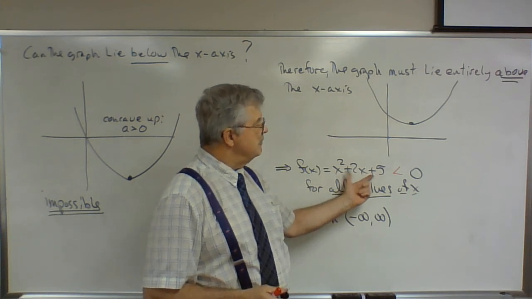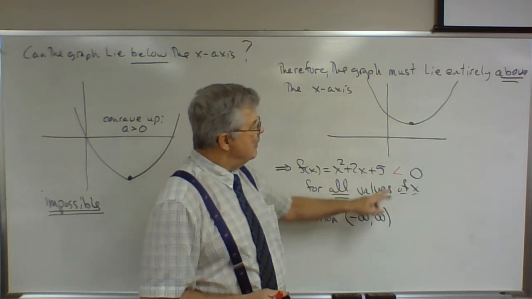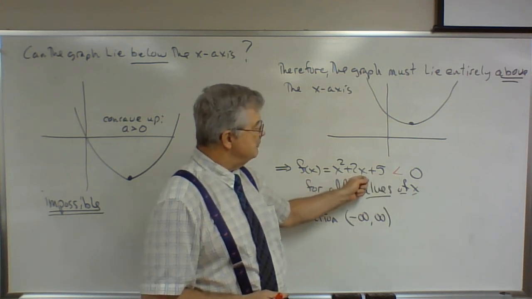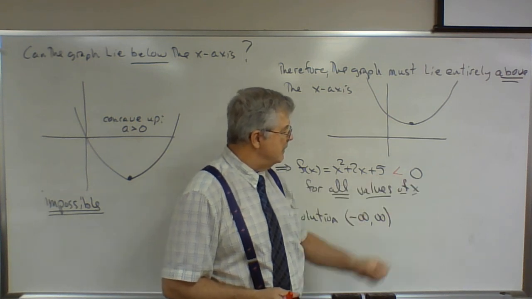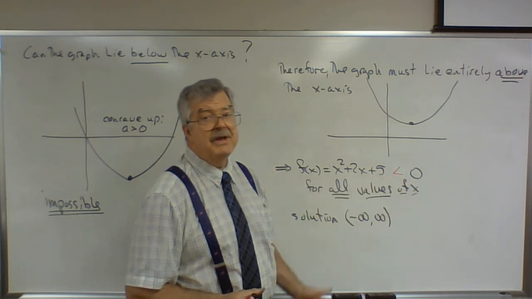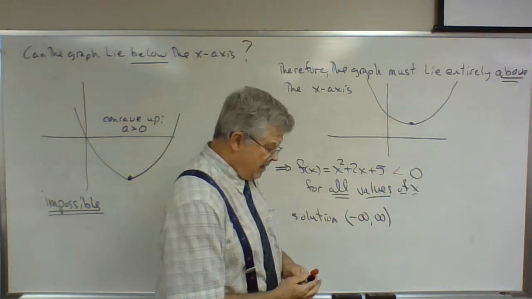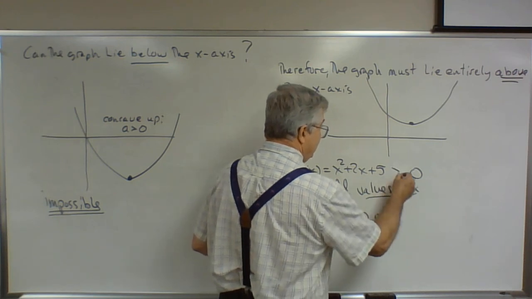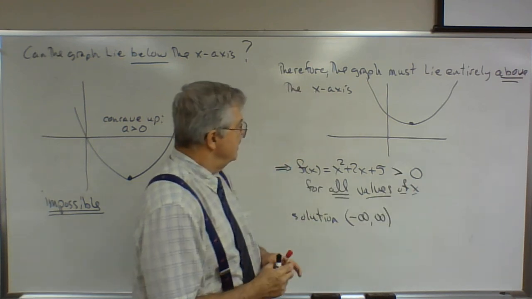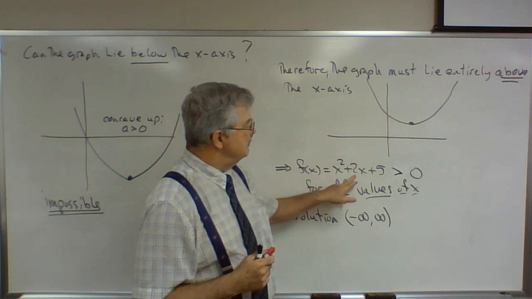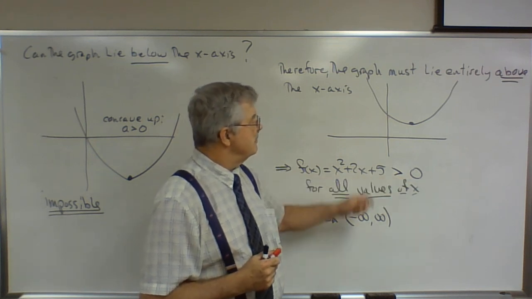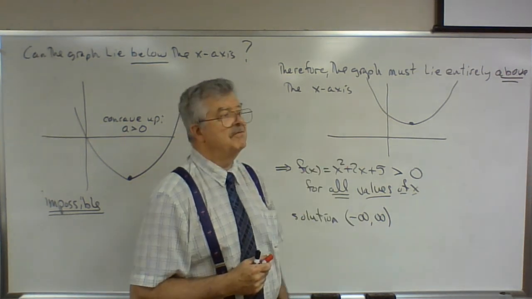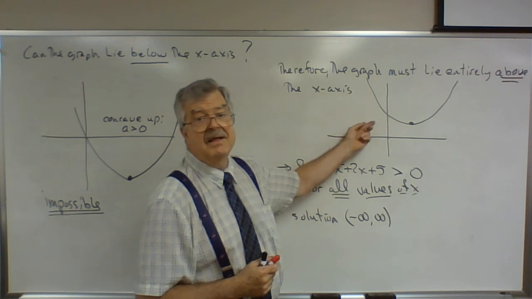It's impossible for this thing to be negative. So if this had been the original exercise, x squared plus 2x plus 5 less than 0, we'd have no solution. But just in case you joined late, this was the example. Find the set of x values such that this thing is greater than 0. And every x value between negative infinity and positive infinity is a solution.